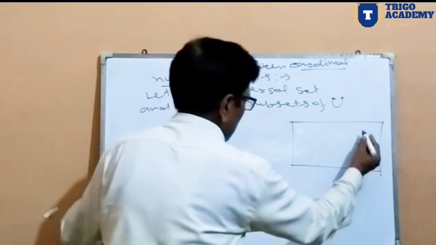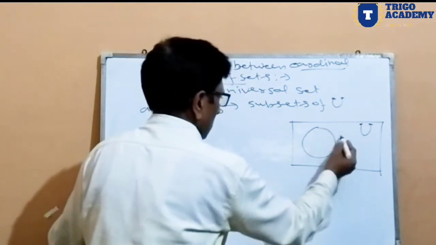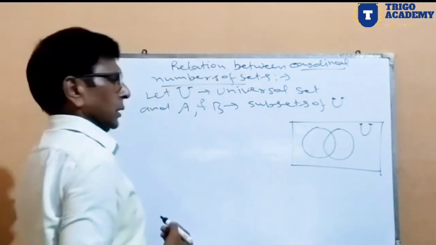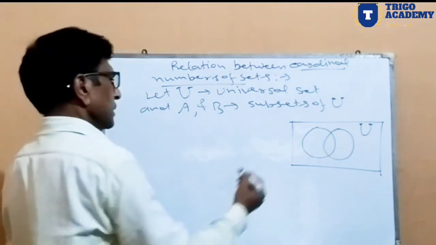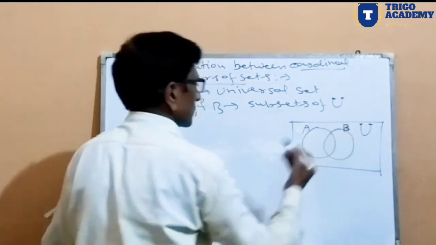So this rectangle represents the universal set and these circles represent set A and set B.